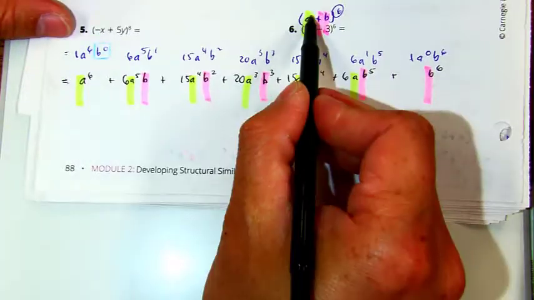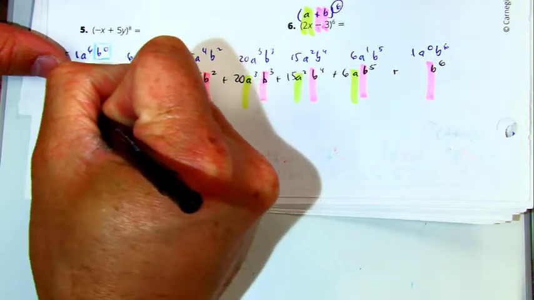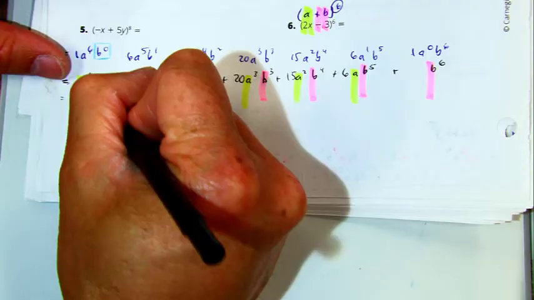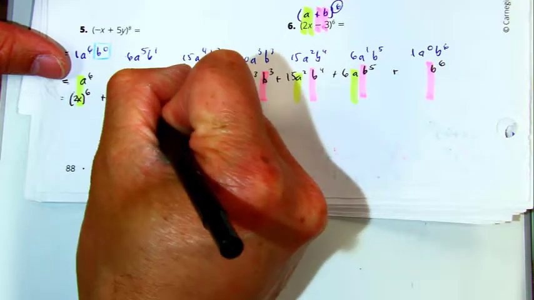a is equal to 2x, so I'm going to put in parentheses 2x to the 6th power. Plus 6 times 2x to the 5th power times negative 3.